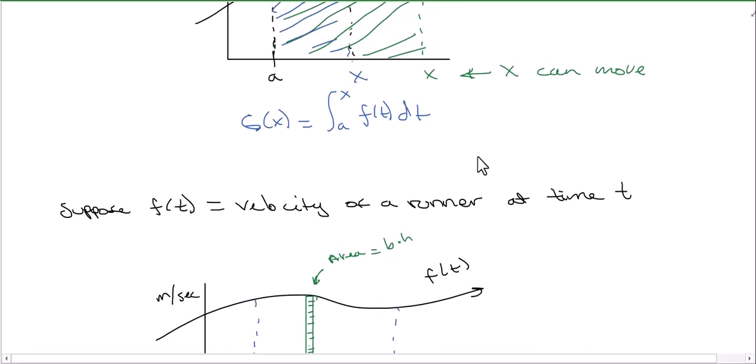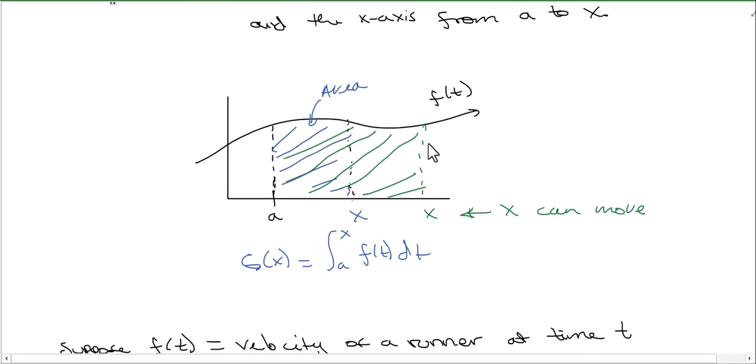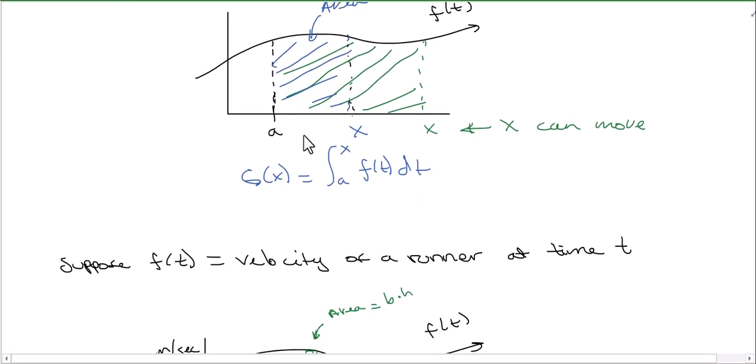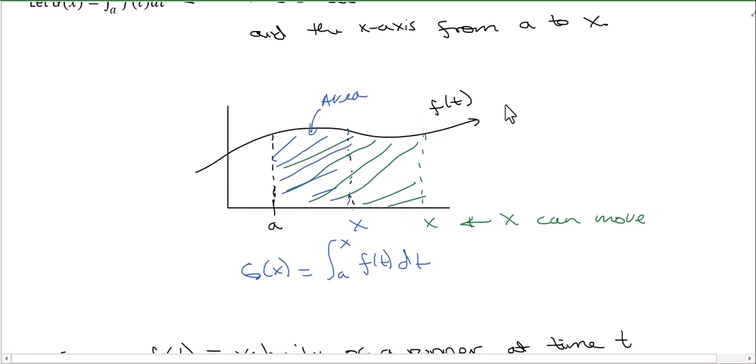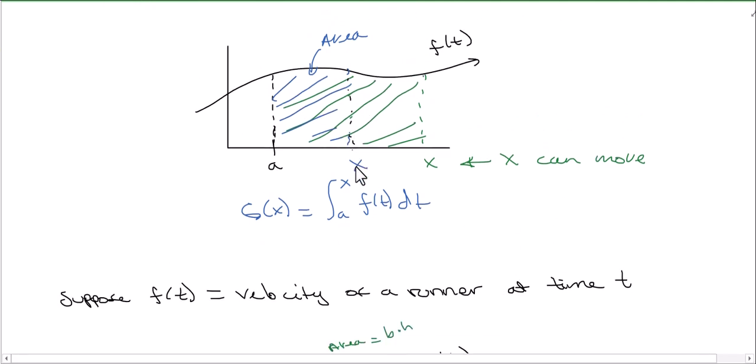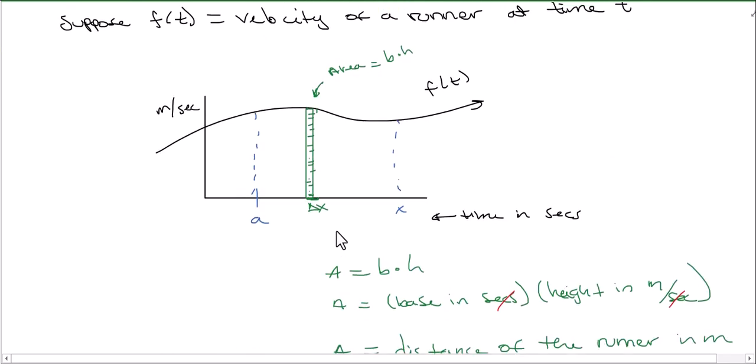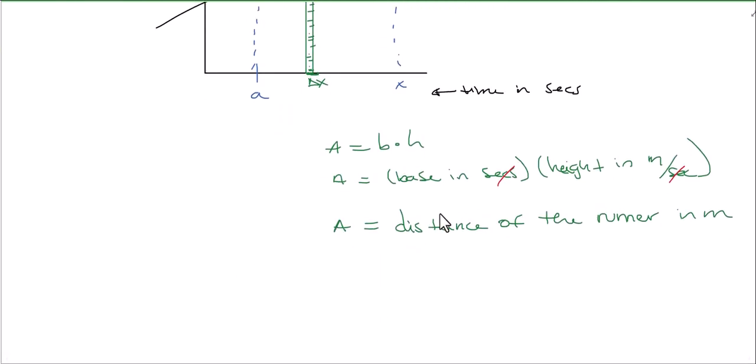All right, that helps us understand a little more about the area problem that we discussed a couple of sections ago. If I'm graphing velocity, which is the rate of change, then the area is giving me the position, in this case the distance of the runner in meters.